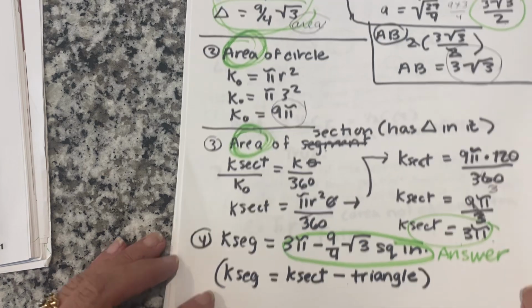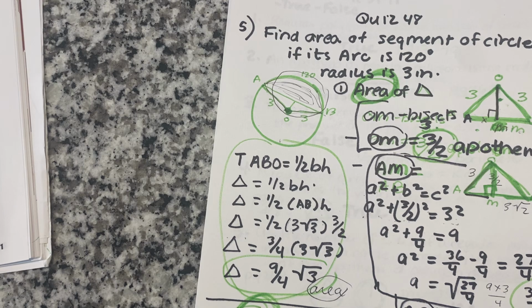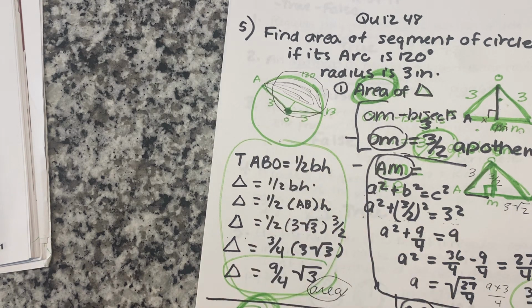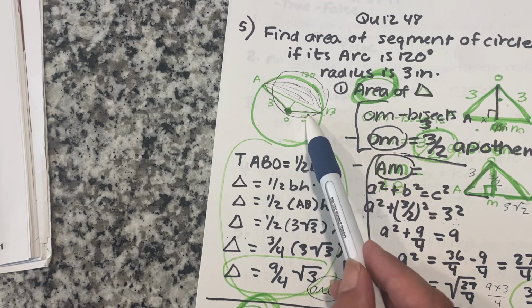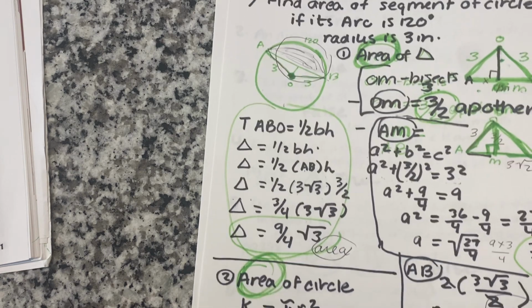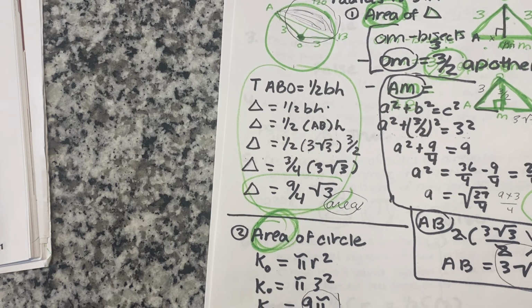So basically, the first thing we did was find the area of this triangle, and that took us a while. We found the area of the triangle first because we knew we were going to have to subtract it from this whole thing. Then we found the area of the circle, the whole circle area, very easily.